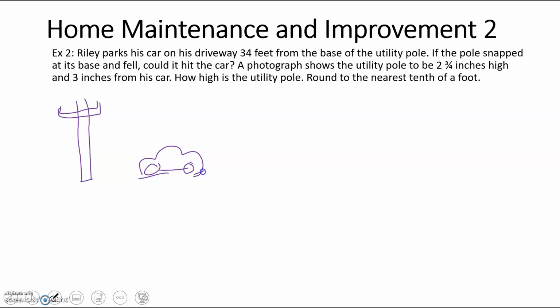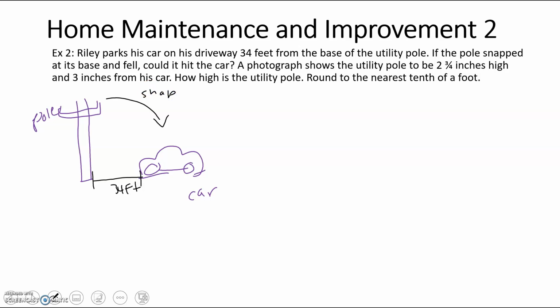And there's his car. So pole and car. And we know that he parks his car 34 feet from the base of this pole. And we are curious that if this pole were to snap, would it land on his car? Could it?